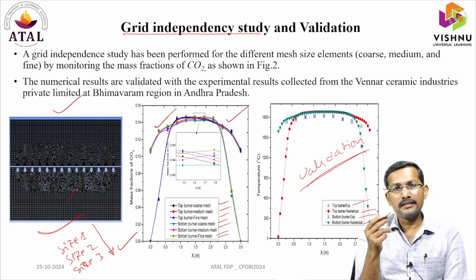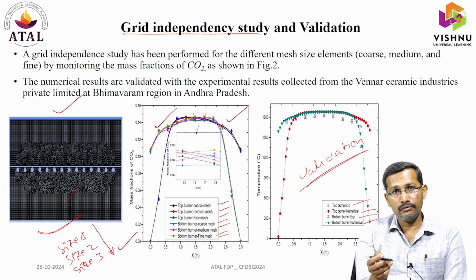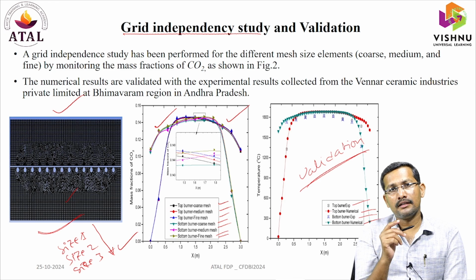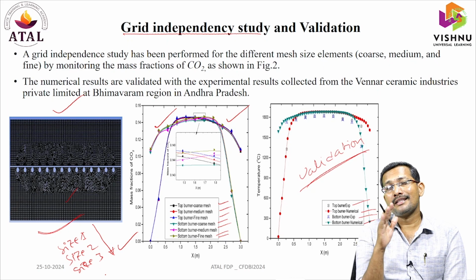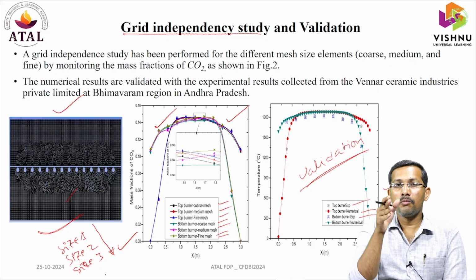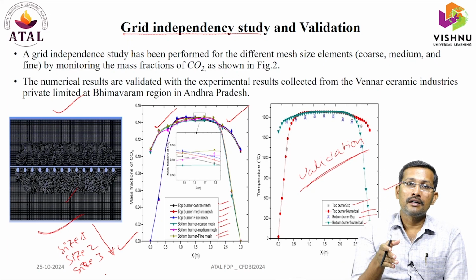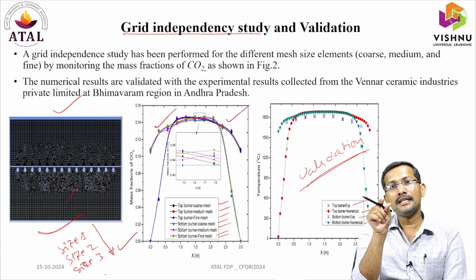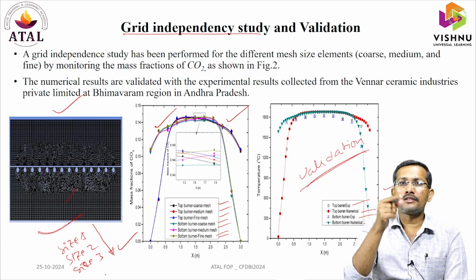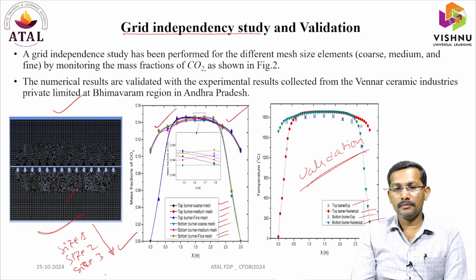As you change the mesh elements, the results also will vary. But at a fine moment, if you change the size further, the results won't change. That is the point where grid optimization has been achieved, so that optimized grid can be considered for the rest of the problem. That is the grid independent study.